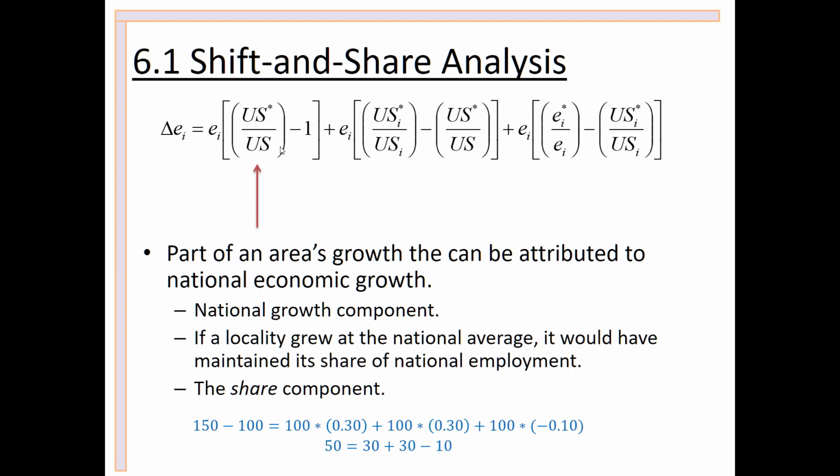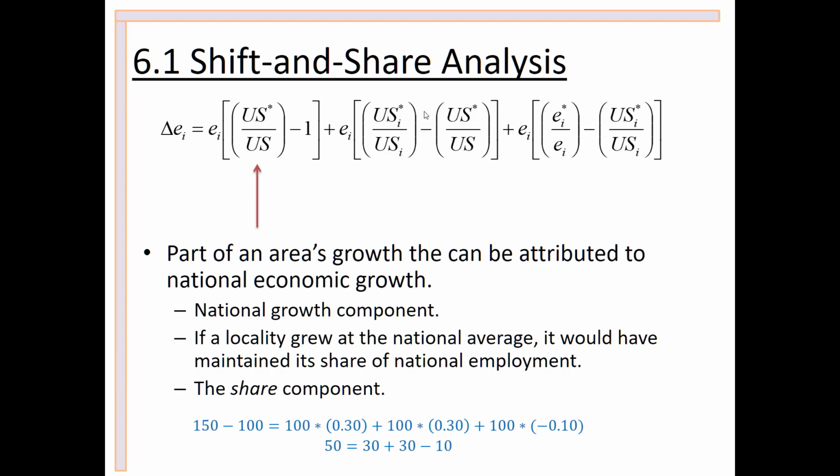So that is the national growth component. Now think about it. If the U.S. economy is growing as a whole, it's going to consume more agricultural products. So production of agricultural products will have to increase. So that's going to require more jobs, just because of the fact that the nation as a whole was growing.